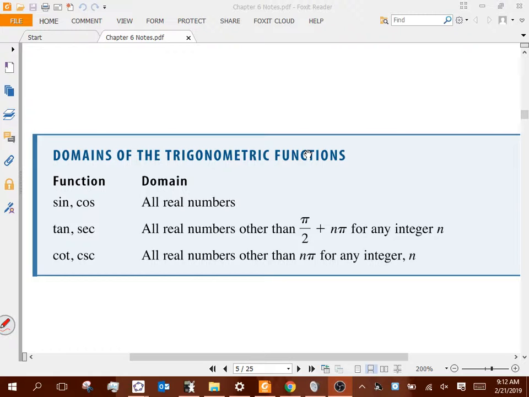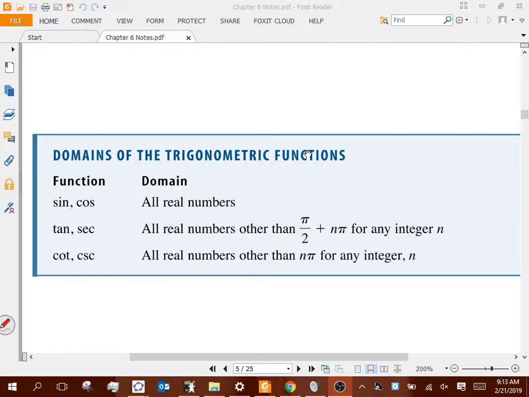But what I want you to understand is that if I know the sine and cosine, and the relationships that exist between them, I should always know what characteristics exist for tangent, because it's simply the sine divided by the cosine. Does that make sense? I should know the relationship for secant, because it's just the reciprocal of cosine. I should know the relationship for cotangent, because it's just the reciprocal of tangent, or it's cosine over sine. And I should know the relationship for cosecant, because it's just 1 over sine.